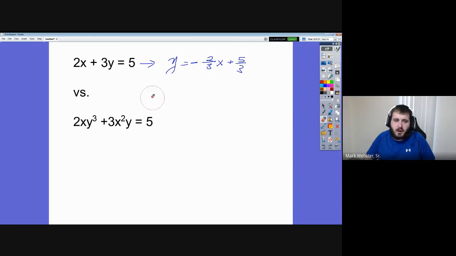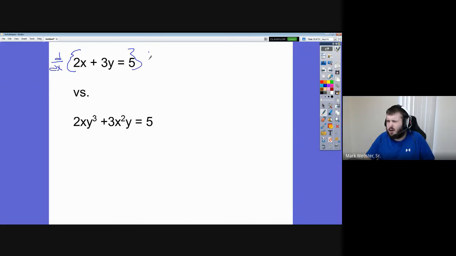So before I show you how to do it on the ugly one, let me show you how to do it on the one that is simpler. What we're going to do is take the derivative with respect to x of the entire equation. That means every single thing here is going to get a derivative.